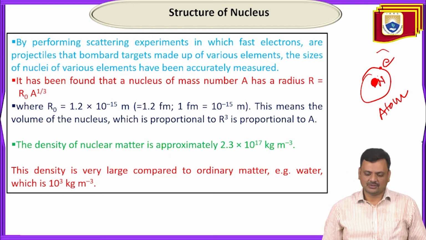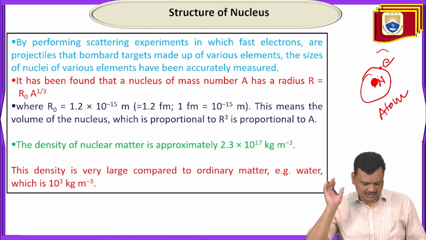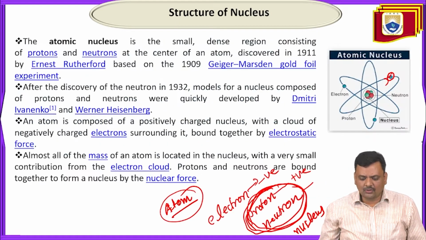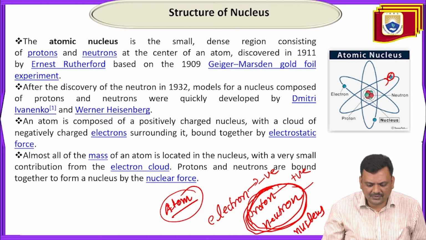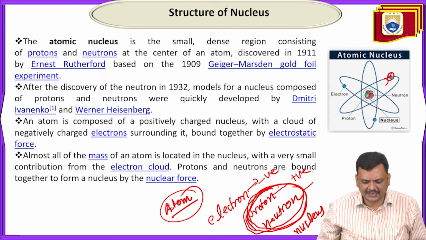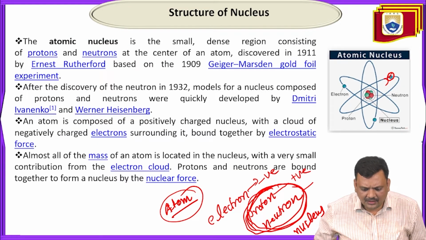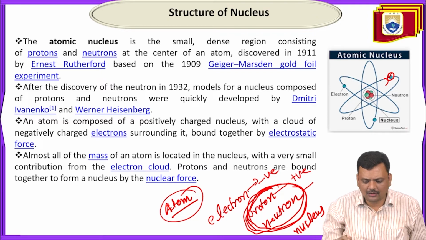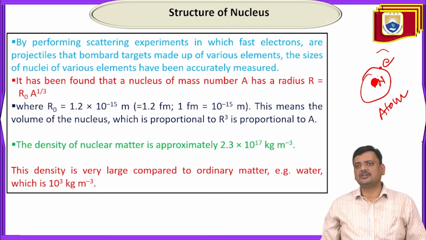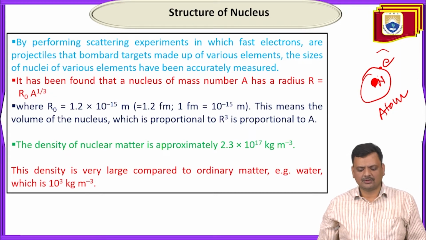By performing the Rutherford scattering experiment, the gold foil experiment, this experiment also contributed in determining the radius of nucleus.